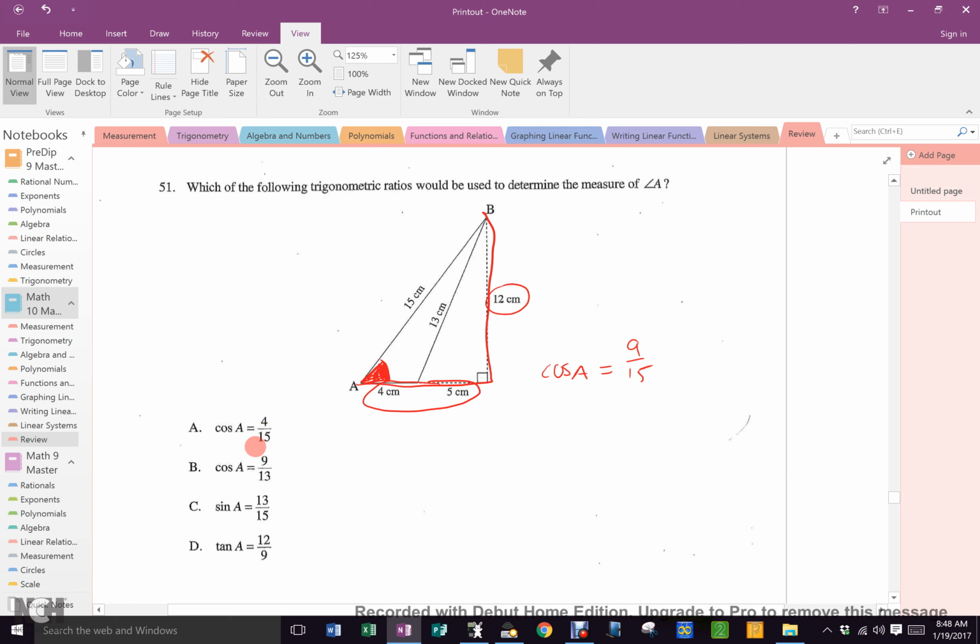No, the adjacent is the one that is beside you that isn't the hypotenuse. So 9 over 15. What's sine A? 12 over 15. And what's tan A? 12 over 9. Do you see any one of them there? D. There's your answer.